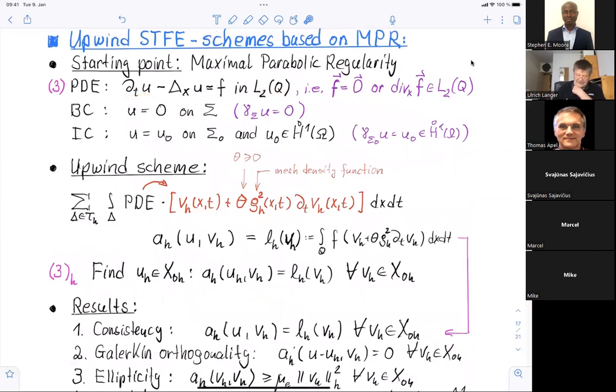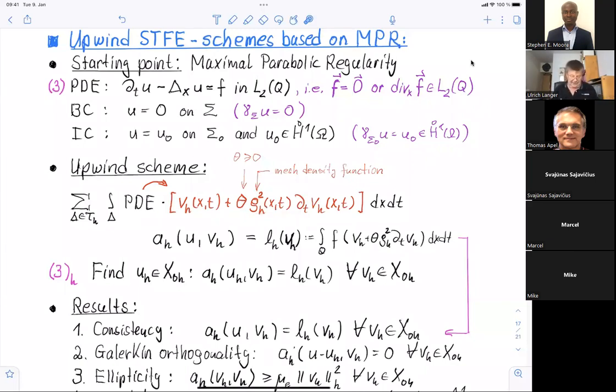And then we know when we should use an upwind stabilization, using here the time derivative. If you have a convection problem, then you should also add the derivatives from the space. And this function is basically h squared here. This is a mesh density, in general, a mesh density function.